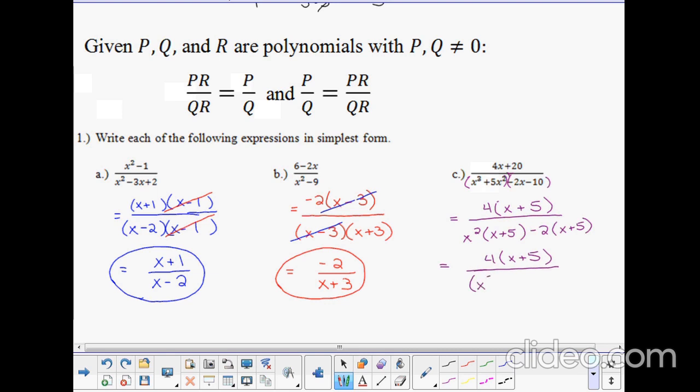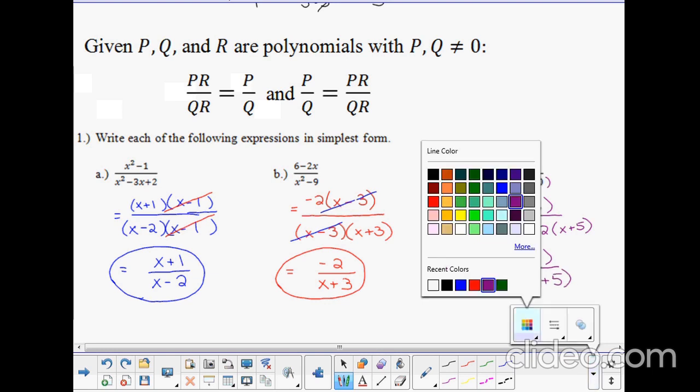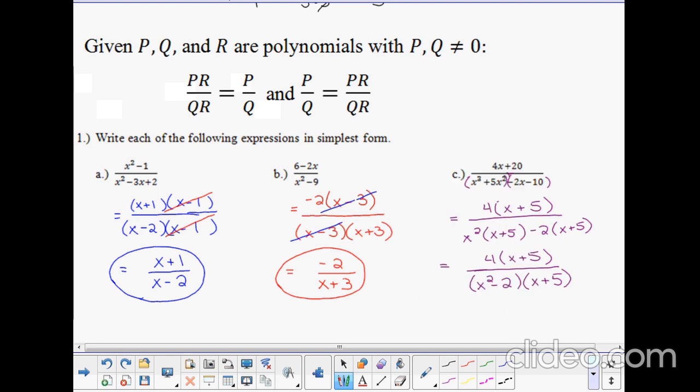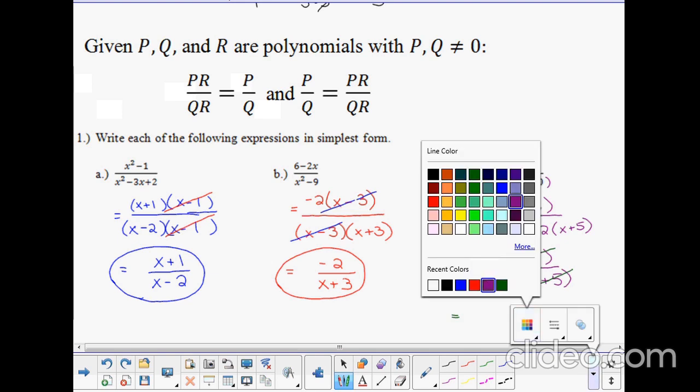The denominator now becomes x squared minus 2 times x plus 5. I could factor the denominator further, but in this case I don't need to. Only factor if that's going to help you simplify. In this case, I can divide out x plus 5, and it doesn't matter how I would try to factor x squared minus 2.